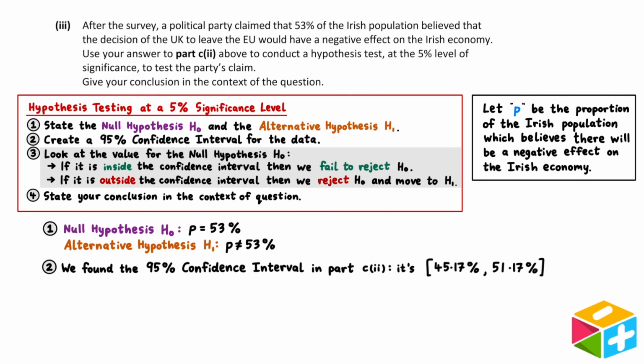The third step is to look at the value for the null hypothesis, H0. If it is inside the confidence interval, then we fail to reject H0. On the other hand, if it's outside the confidence interval, then we reject H0 and move to H1.